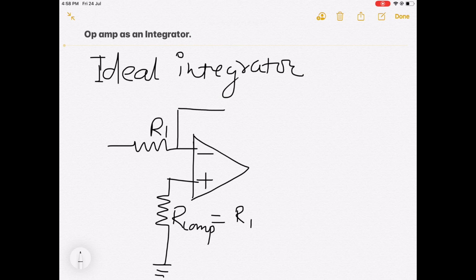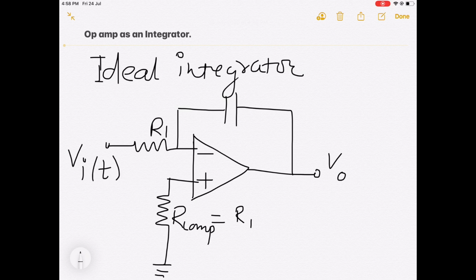And then in feedback, if you connect a capacitor, then it acts as an integrator. Okay. So, this is your output voltage VO, then this is your input voltage VI of t. Current II flows through this resistor R1, then through capacitor CF there is current IF.